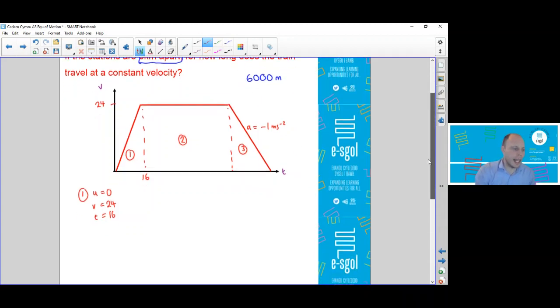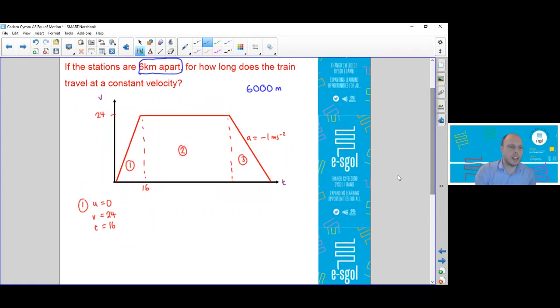So we're going to find S. There's no mention of needing to find the acceleration, so we're just going to find S, and we can do that with S equals a half U plus V, times T. If you plug the numbers in there, you get 192 meters. Try and speed up a little bit because we've done a few of these now.